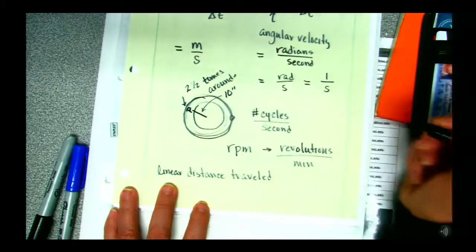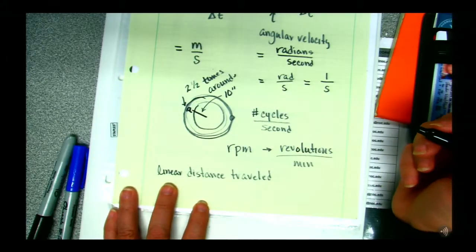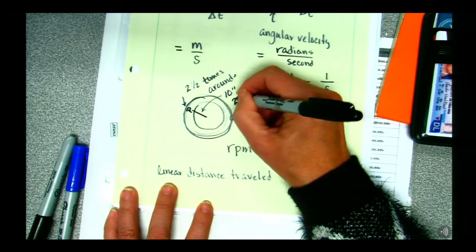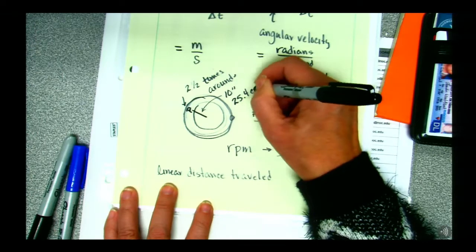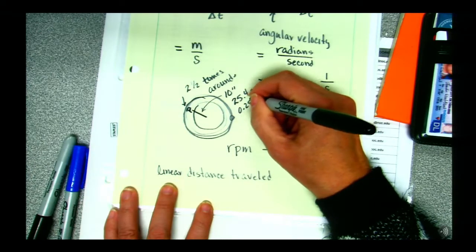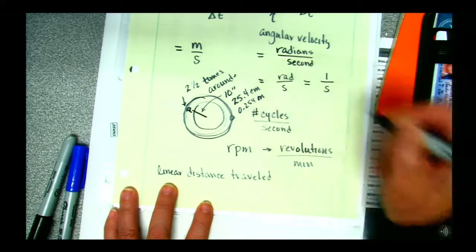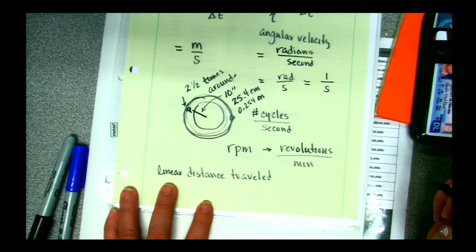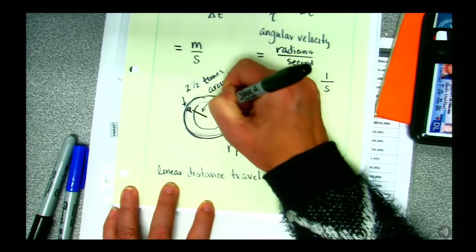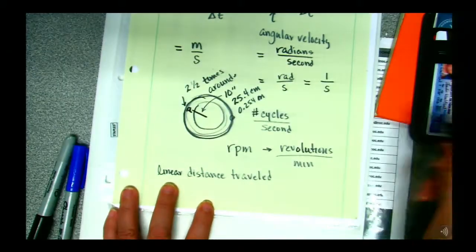So if it's 10 inches, it's going to be 25.4 centimeters in radius, which means 0.254 meters is my radius. The circumference of my circle, if you don't remember, is 2 pi r.